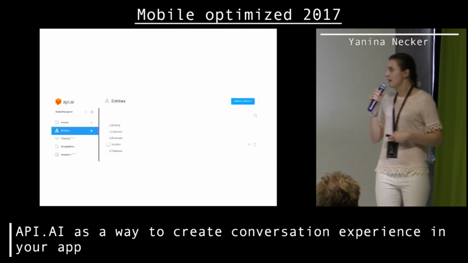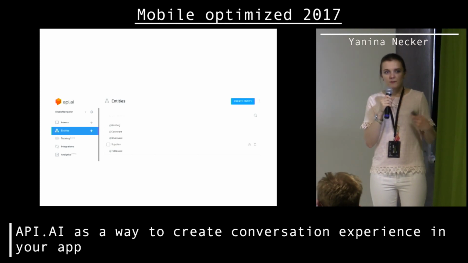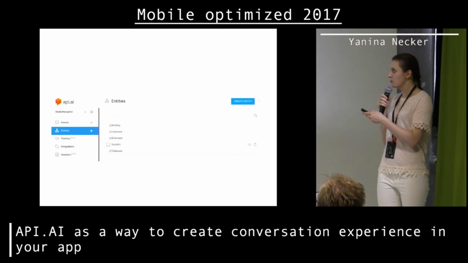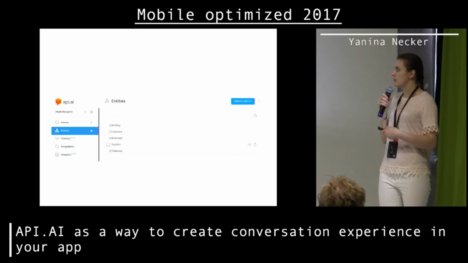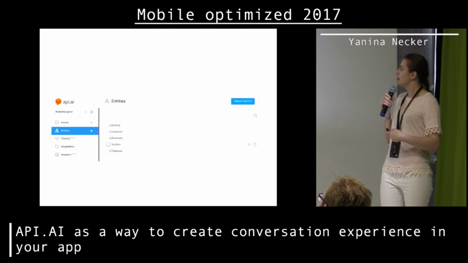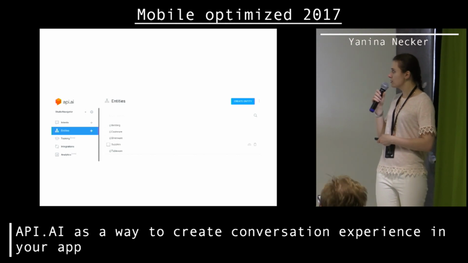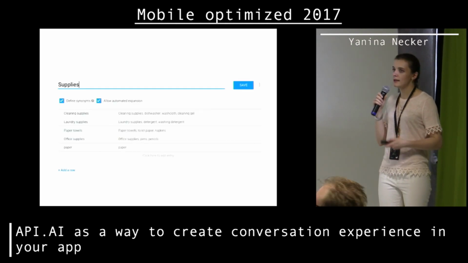So entities. Based on the example of my app that I gave you, my entities are bedware, cookware, silverware, supplies, tableware. They're defined right here. So when I go on the tab entities, I create a new entity and I can see the list of my existing entities here. Once I click on a specific entity or when I go to create a new entity.